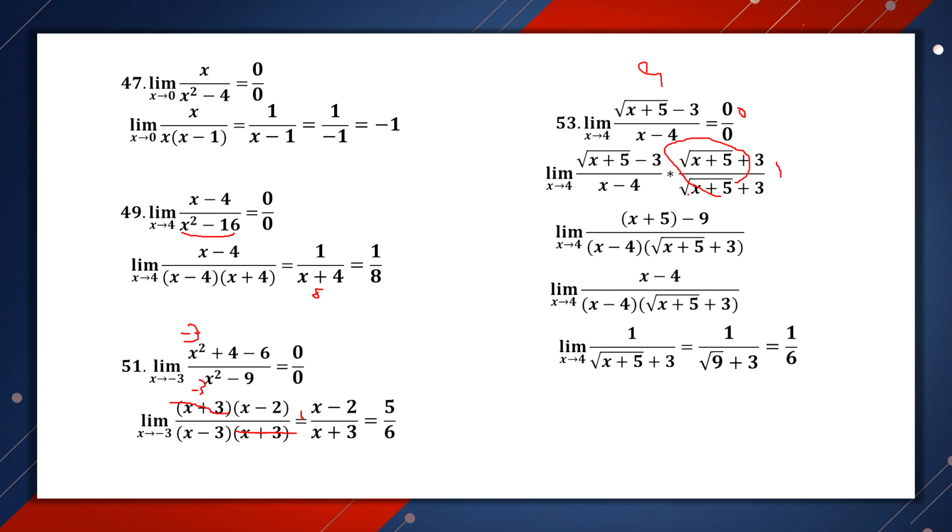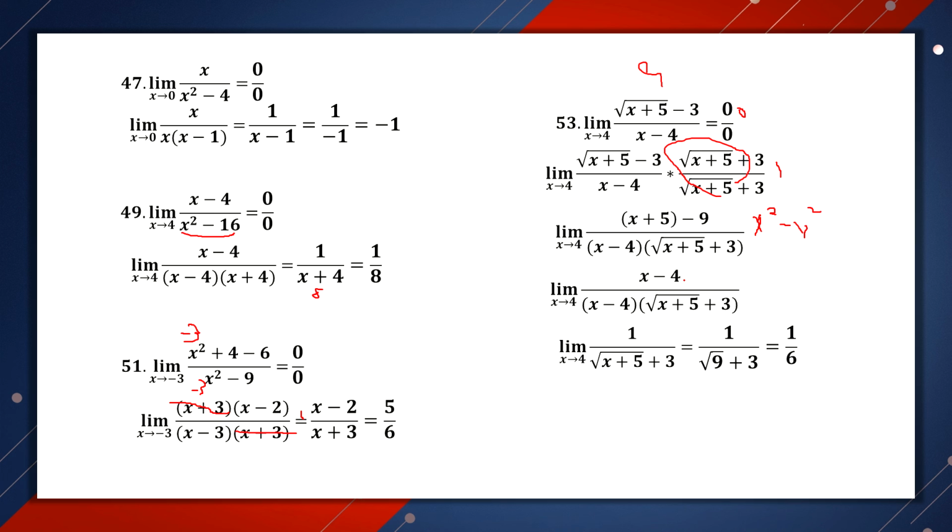So on the top we have x squared minus y squared, and we get x plus 5 minus 9.